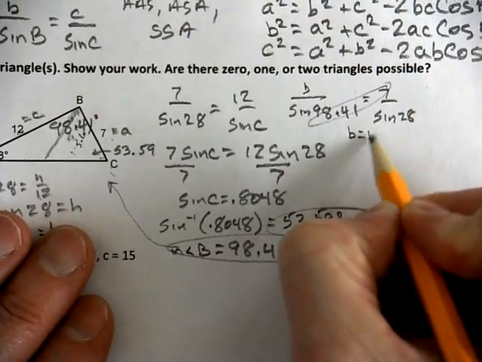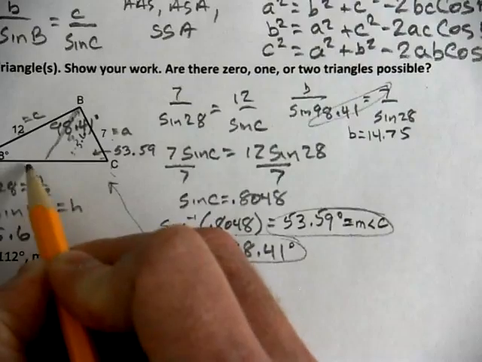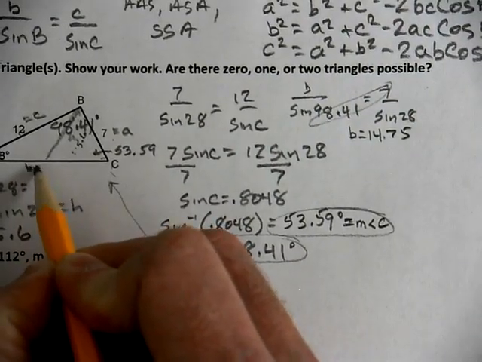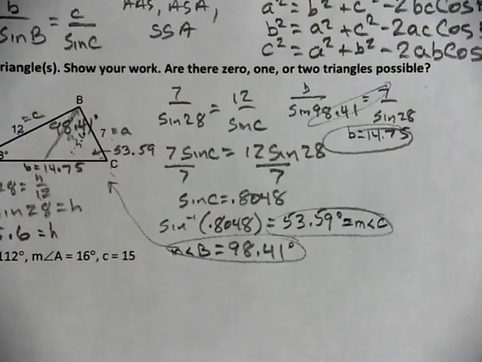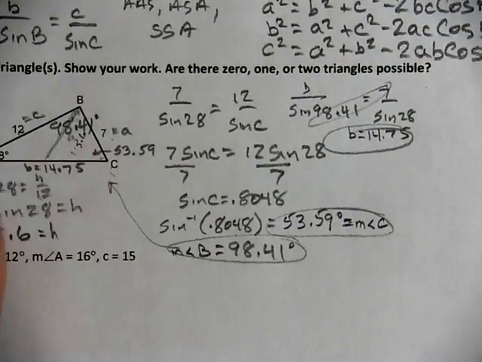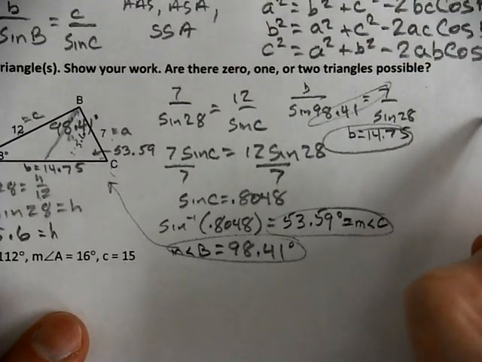So this B length is 14.75. So those are the three values for that original triangle.